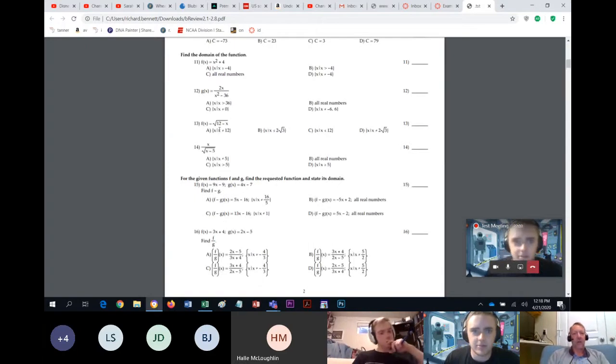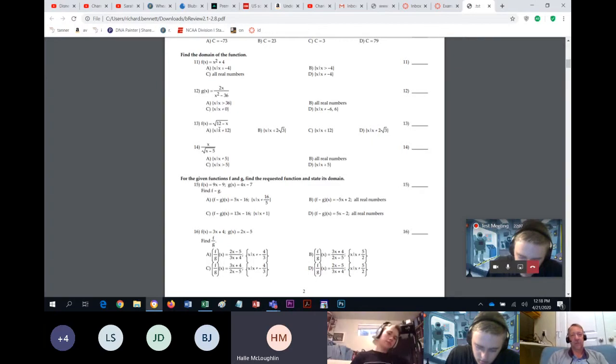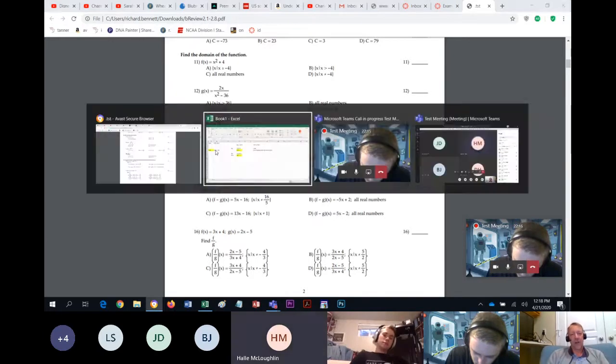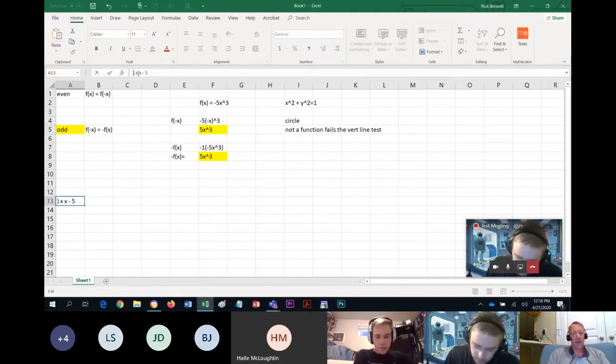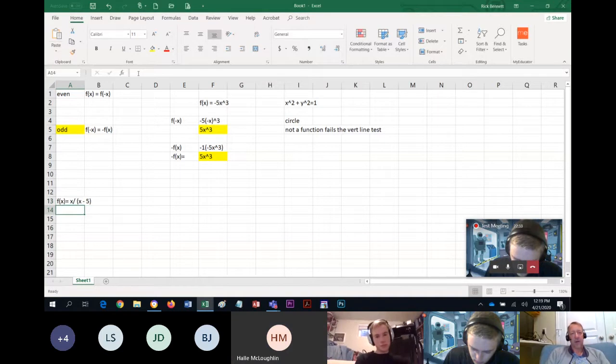Okay. Number 14 says find the domain of this function. It's funny because it doesn't even have it in functional notation, but whatever, we'll do it our own way. We're going to say that f of x equals x divided by x minus 5.